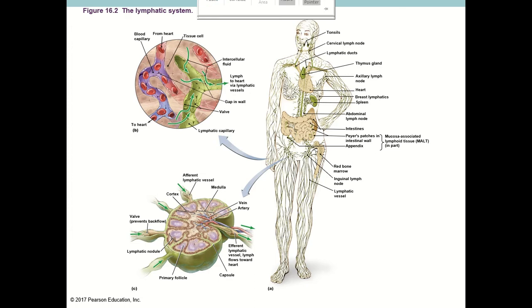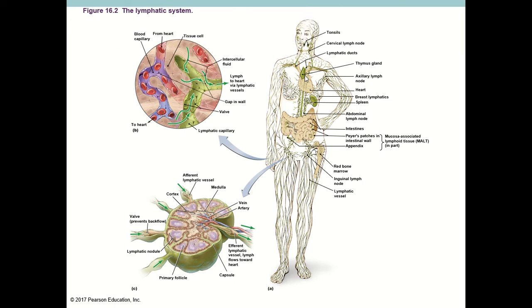Here's an overview of the lymphatic system. It's important to go over the lymphatic system because it is in charge of maturing B and T lymphocytes, and it gives them their ability to produce antibodies. The lymphatic system is made up of a few organs.